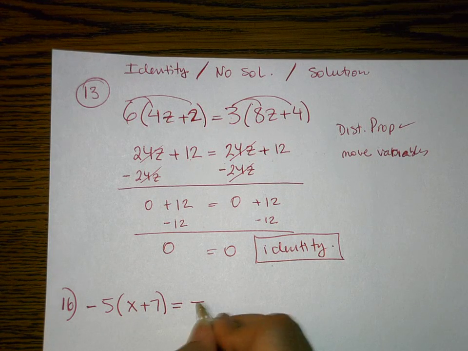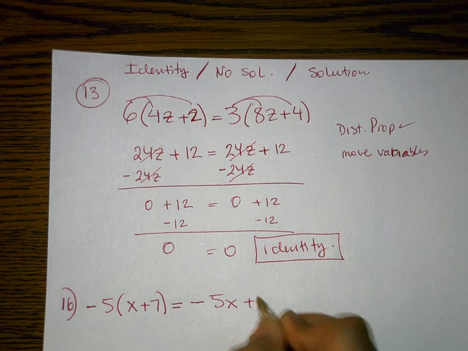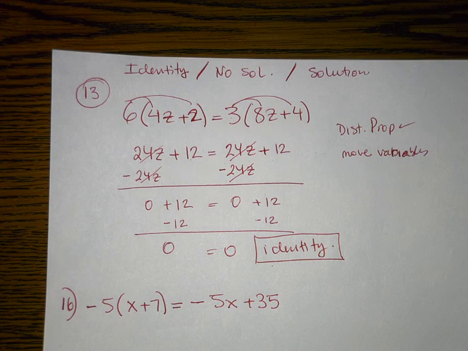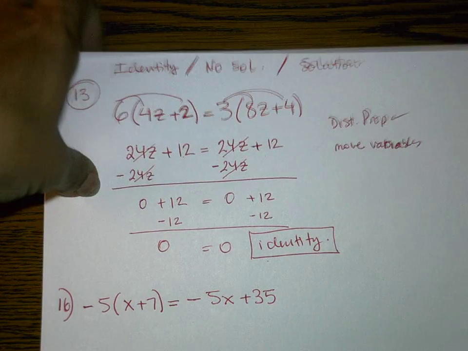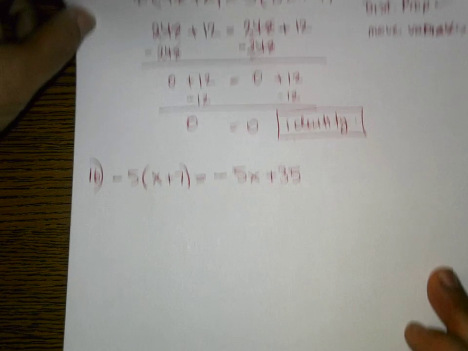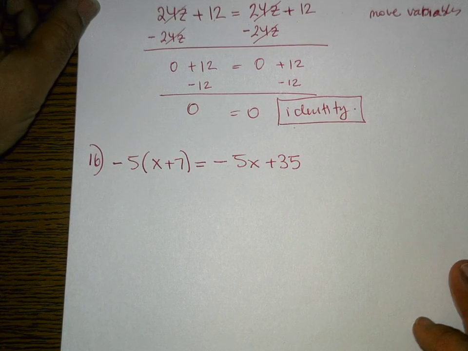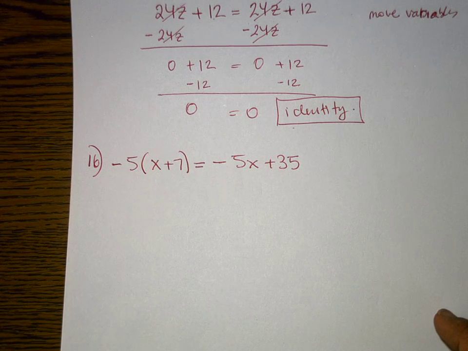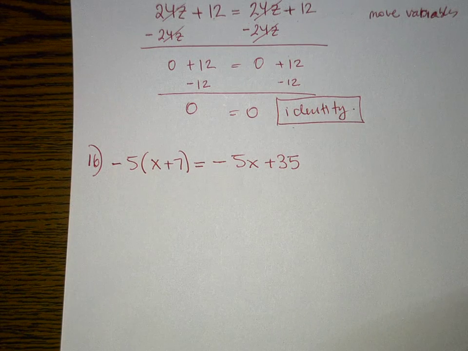Let's see what we get here. Let's work on this one slowly. We might get identity, we might get a solution, we might get no solution. We'll find out.